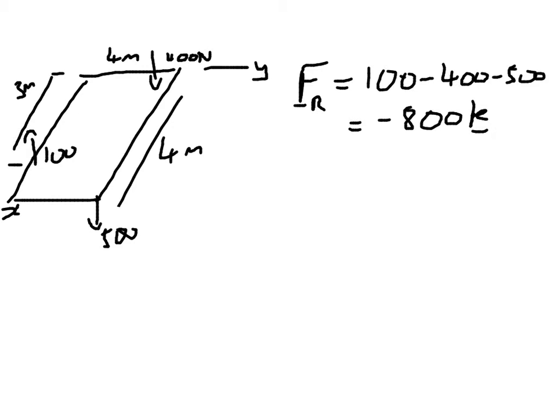The moment is slightly more complex. So our moment will equal, if we focus first of all on the first 100 Newton force, if we remember, a moment vector is always a position vector crossed with a force vector, so you do the position first, so 3i times 100k.